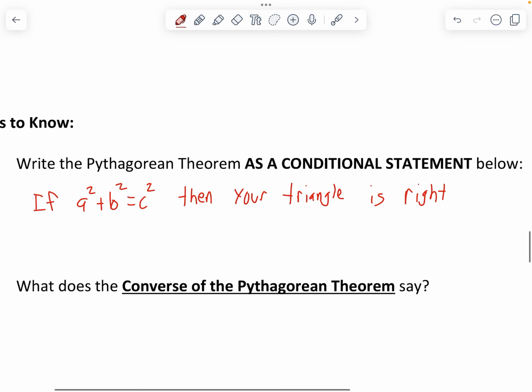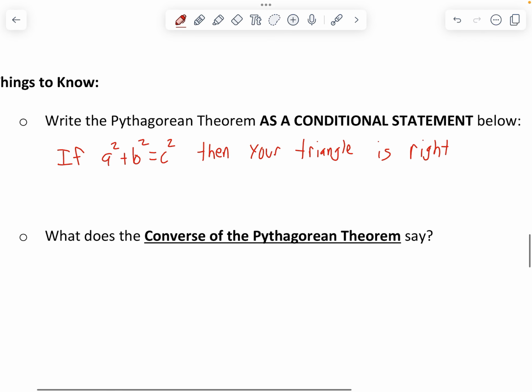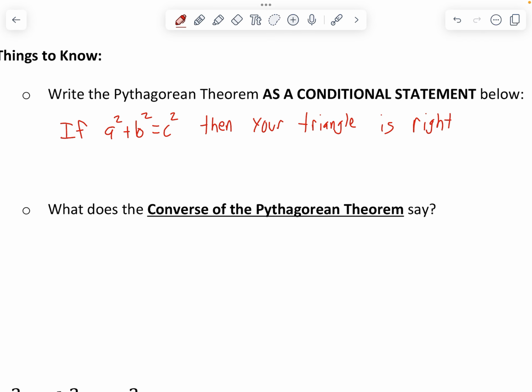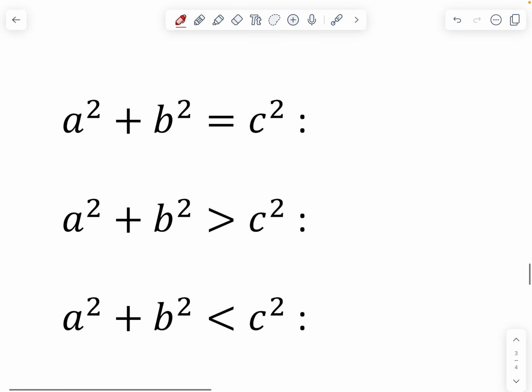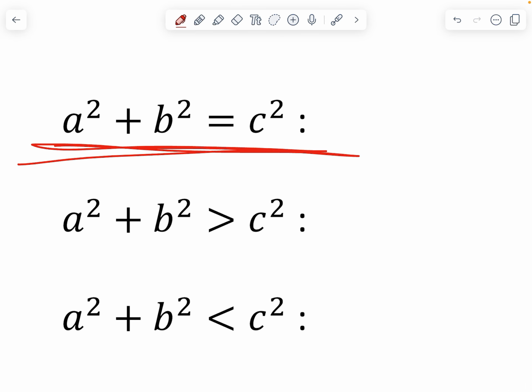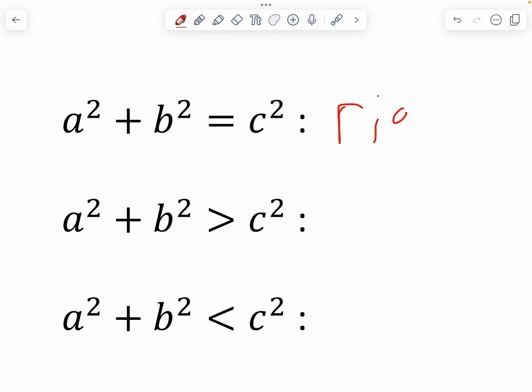Okay? And what this means is that this can be used as a test to kind of figure out if you have a right triangle, right? So if a squared plus b squared equals c squared, then we know that we have a right triangle, okay?